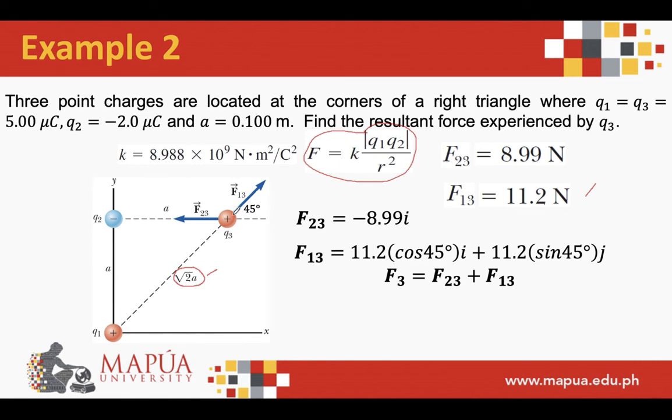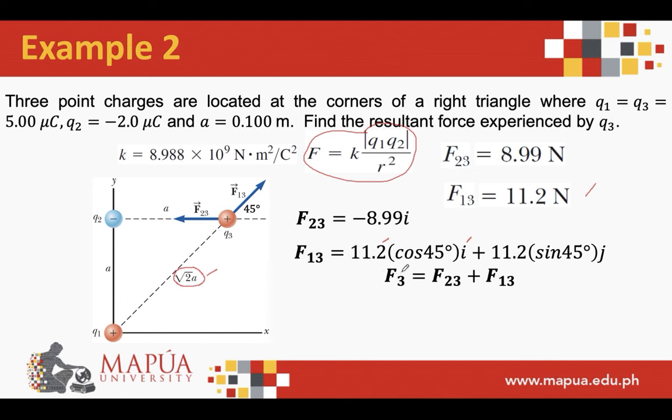For F13, this is directed up to the right, so positive x component. Your F13 is 11.2, so 11.2 times cosine 45 degrees is the x component, multiplied by the unit vector i. For the y component, that will be the magnitude 11.2 times sine 45 degrees, multiplied by j, because this is the vector directed along the y-axis.